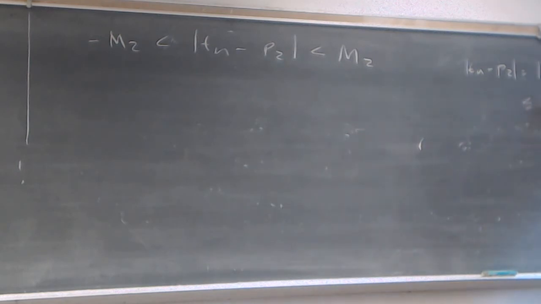Isn't that less than or equal to the absolute value of T sub n plus the absolute value of minus P sub 2? Isn't that true? And so isn't that less than or equal to T sub n plus P sub 2? Is that okay?